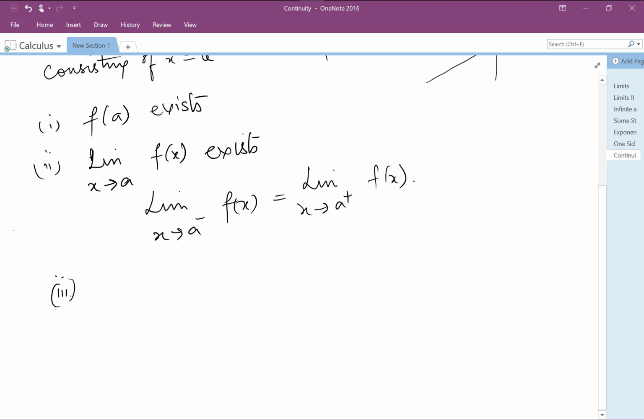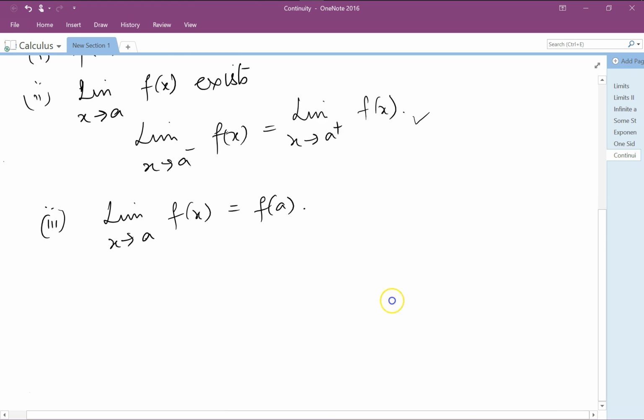And then finally, the limit as x approaches a of f of x should be equal to f of a. So the left hand limit and the right hand limit should be equal, and they should also be equal to f of a.